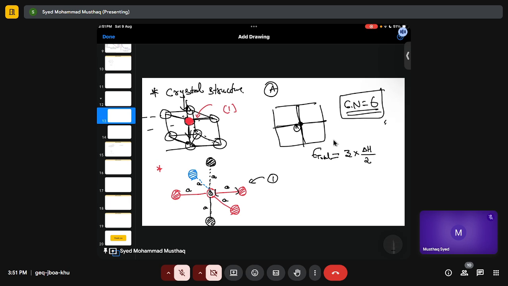A bond is actually formed between two atoms. Whenever you have a bond, it will be formed between two atoms, right? So that's why I am writing delta H by 2, because I am talking about only one atom here, atom number 1. Let's say this is the total energy of this atom.